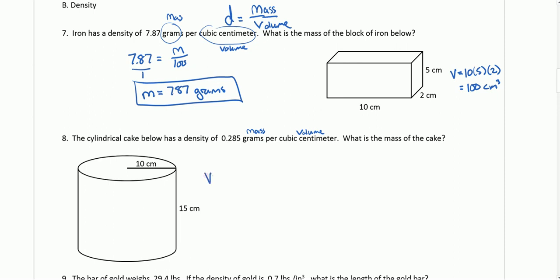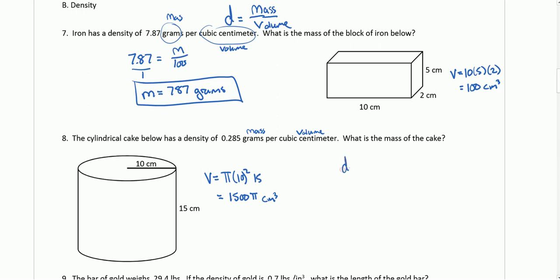So let's find the volume of this cake here, which is the area of the base, so pi r squared times the height. So 10 squared is 100, so we have 1500 pi cubic centimeters.